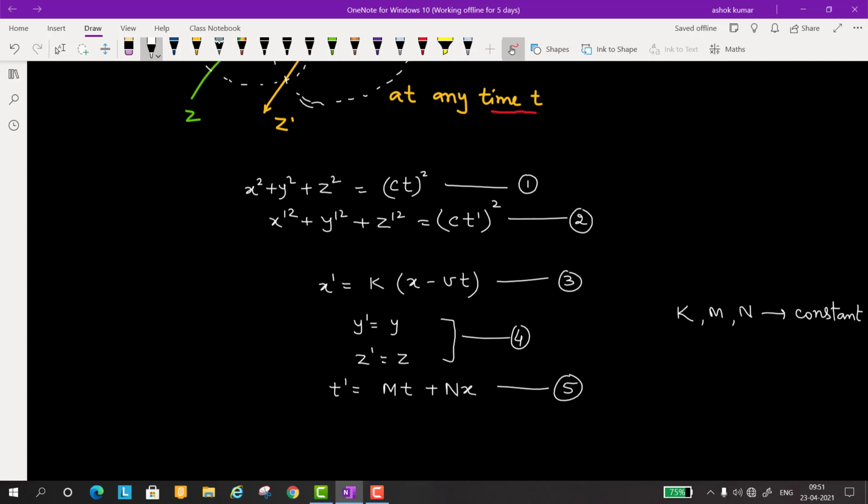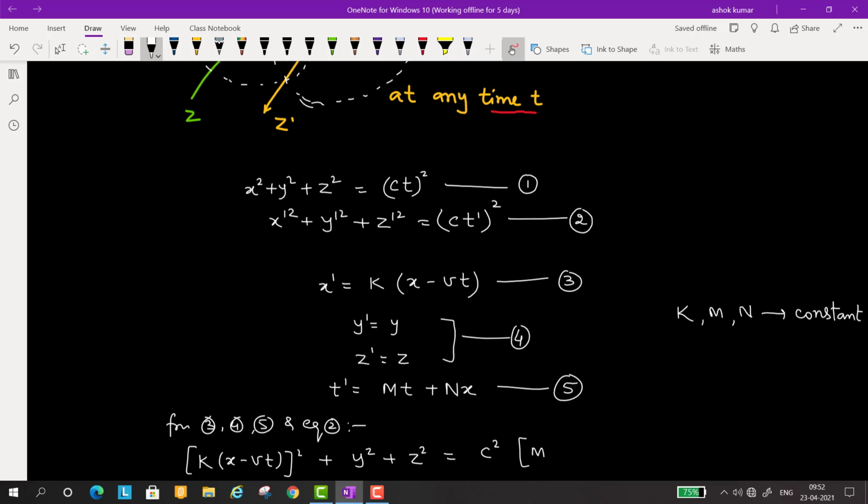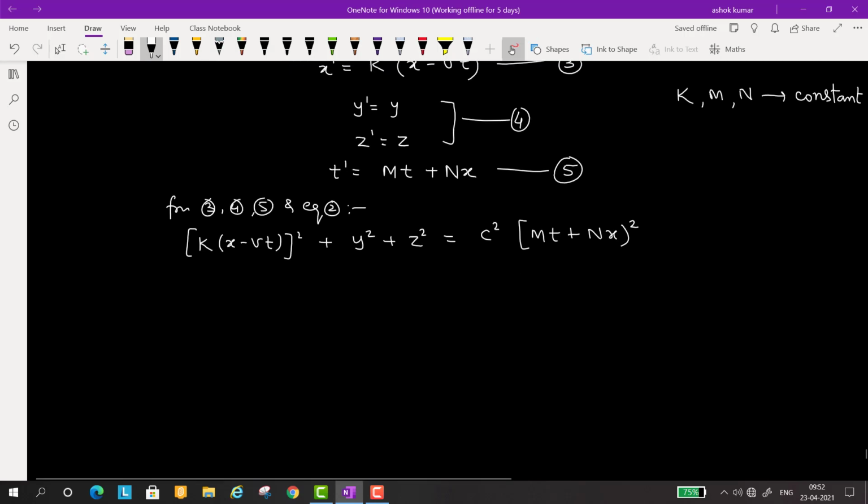So now we will substitute the values of x dash, y dash, z dash and t dash from equations 3, 4 and 5 into equation number 2. So we will be getting this. So now we will solve this.